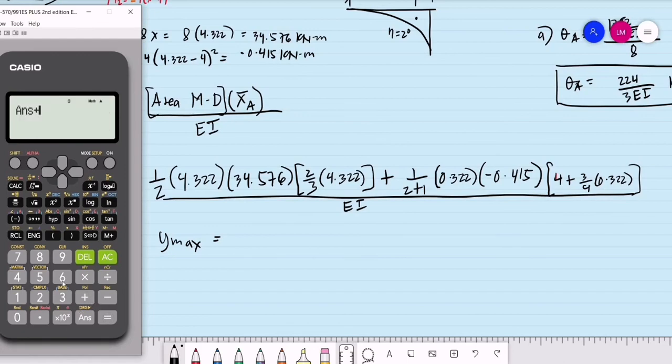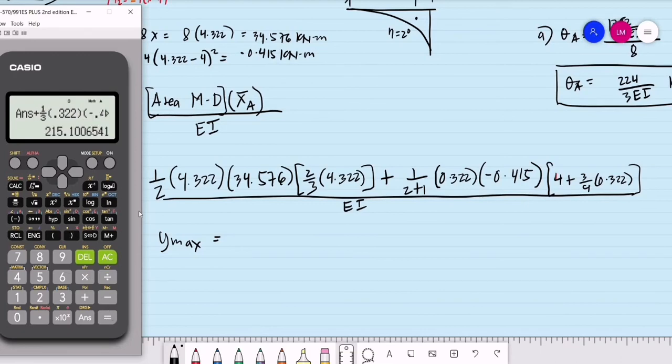Then plus 1/3 of the base of the spandrel, 0.322. Then the height is negative 0.415. The distance of its centroid will be 4 meters plus the 3/4 of the 0.322.